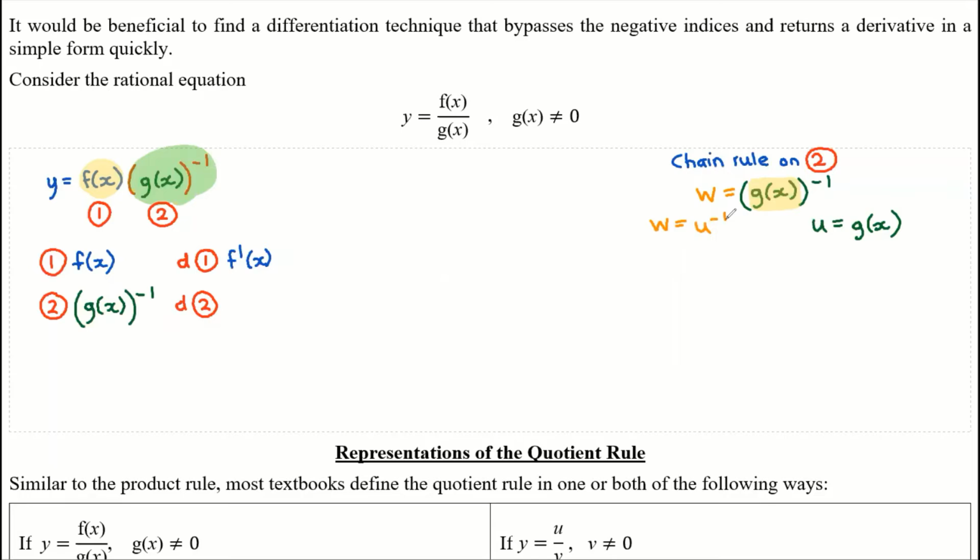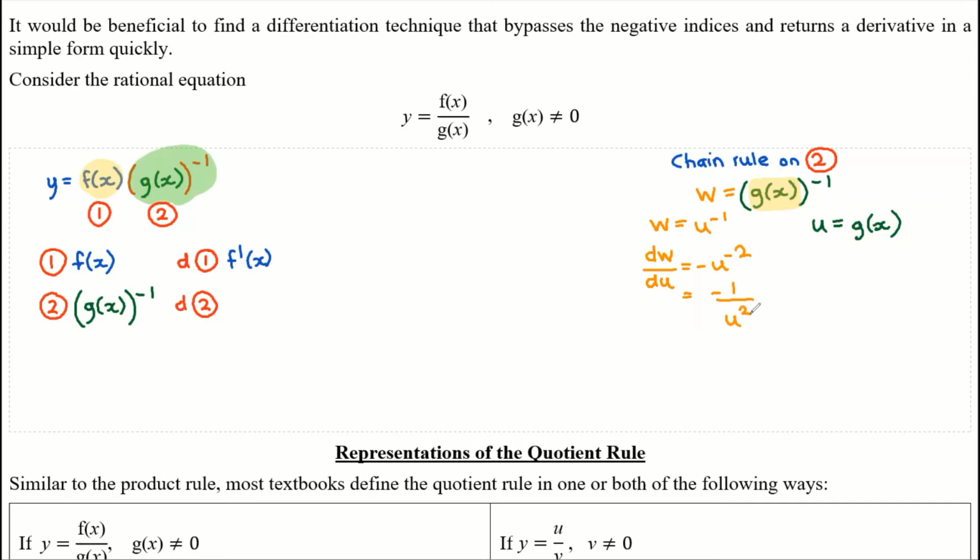So they will compose together to get the w function in terms of x that I want. Now let's differentiate these separately. So we have dw by du is going to be applying normal differentiation rules, -u to the power -2, which I can rewrite as -1 over u squared. That's going to be important.